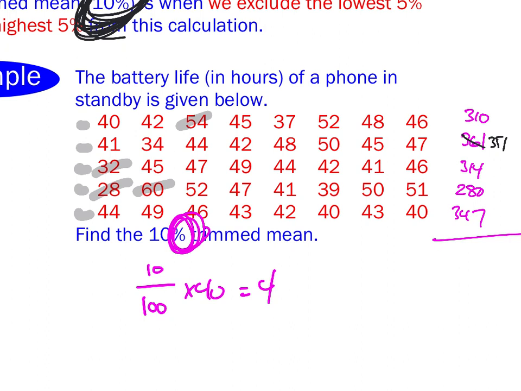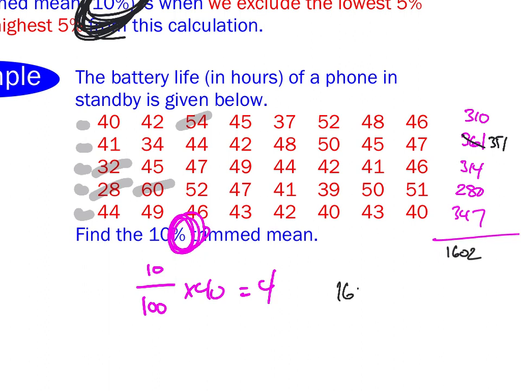Good. Okay. So let's go ahead. 310 plus 351 plus 314 plus 280 plus 347. And that's equal to 1602.